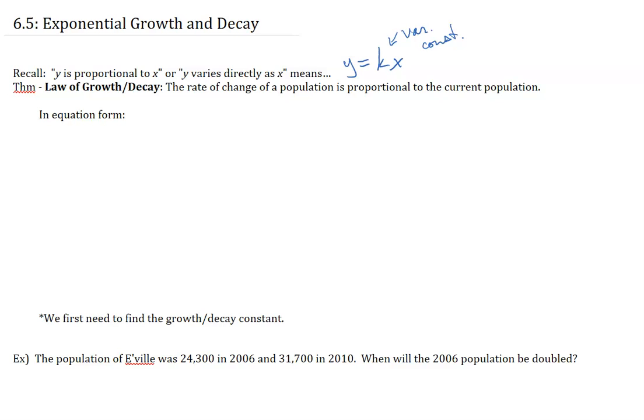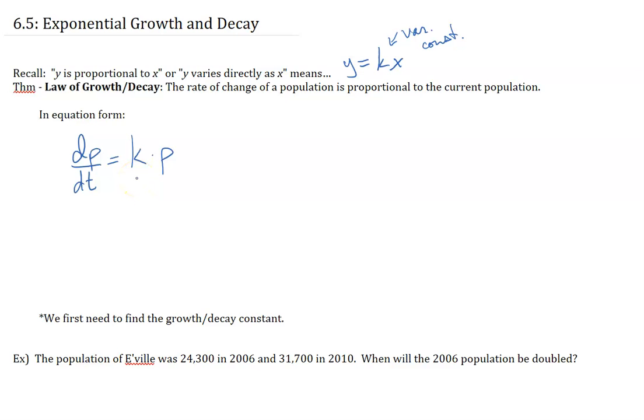So if I use P for population, then I can write that the rate of change of population with respect to time, so dP over dt, is equal to a variation constant times population. So this is a direct variation relationship where my variables are rate of change of population and current population, okay? And again, k is a constant.